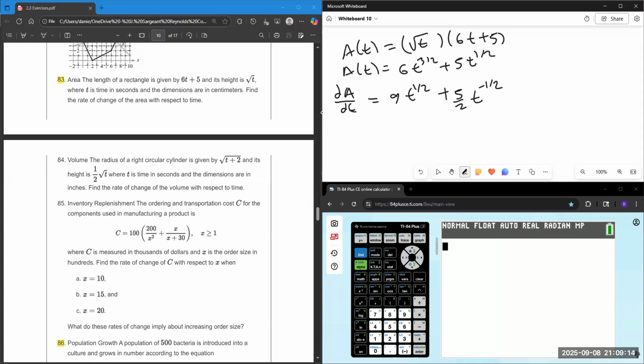So that will be 18t plus 5 over 2t to the 1/2, the square root of t, like that.